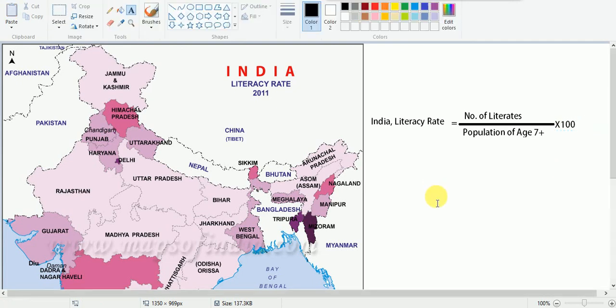So this is the formula for calculating literacy rate in India.